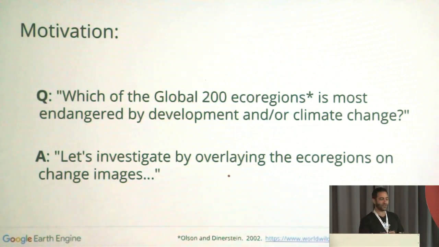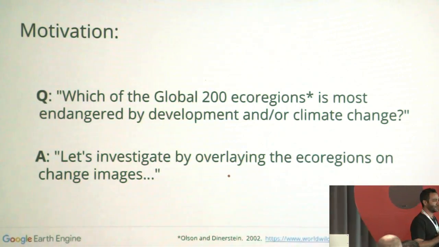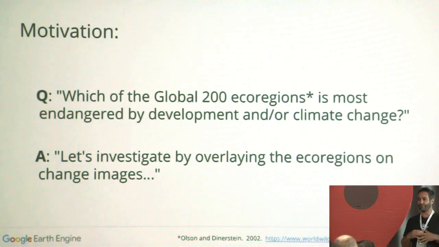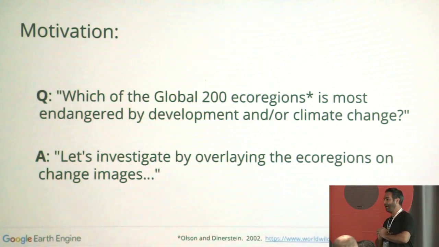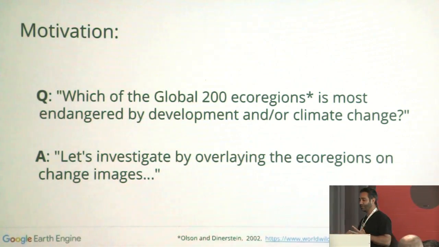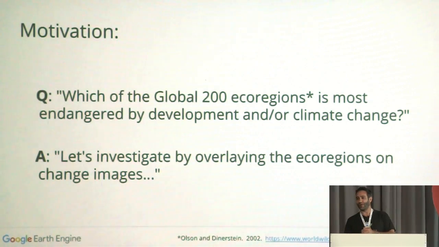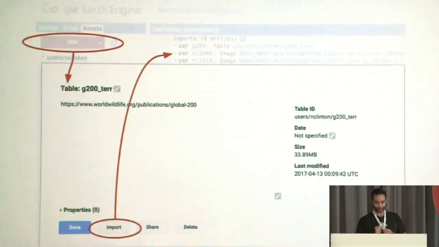So the question is, which of these Global 200 very important special ecoregions is most threatened by development or climate change or population change, for example? So let's investigate by overlaying these ecoregions on change images.